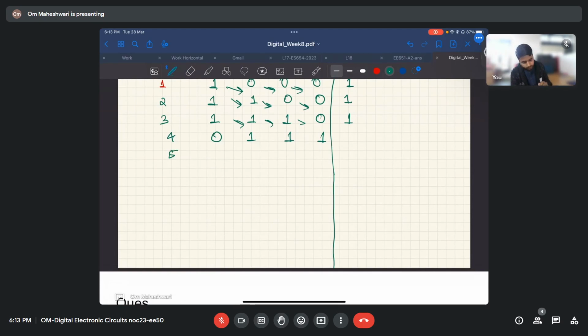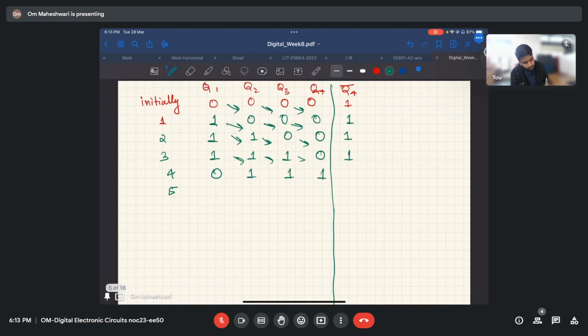Next cycle, the fifth, Q4 bar will be 0 now, so 0 XOR 1 will be 1 again. These will just shift. Again 0 XOR 1 will be 1, and it will shift.